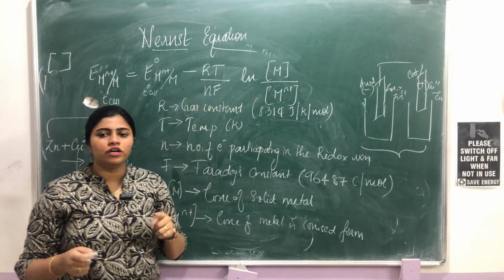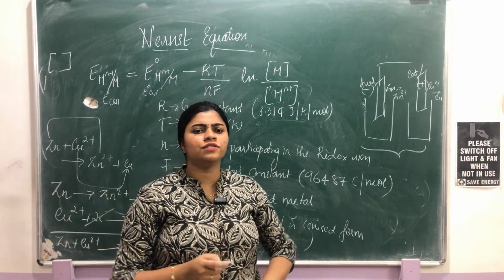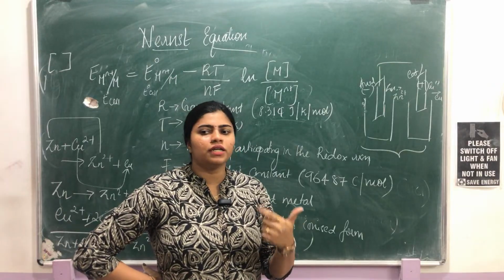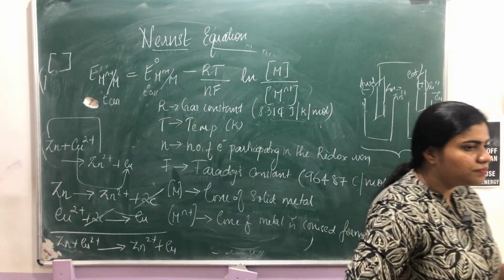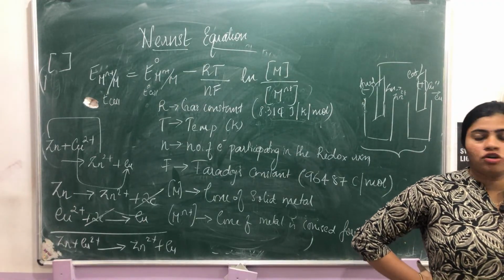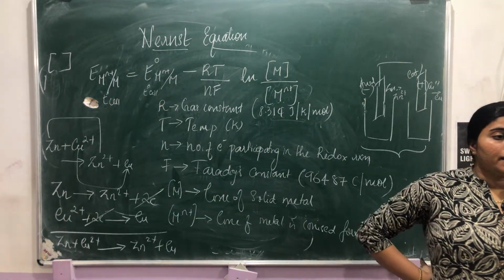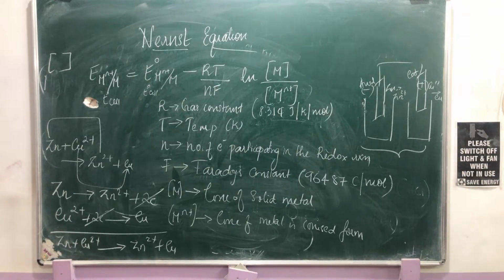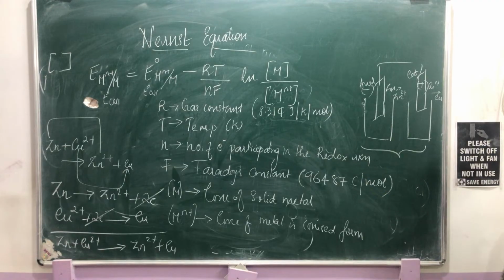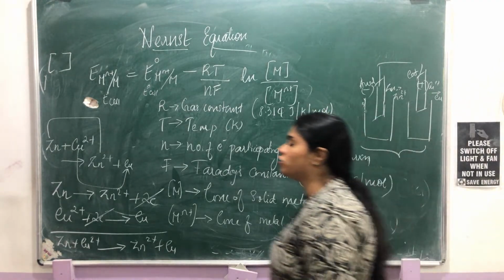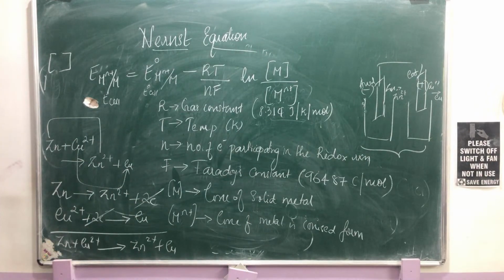What does R stand for? R stands for the gas constant. T stands for temperature. N stands for the number of electrons. F is Faraday's constant. The square bracket [M] stands for the concentration of solid. Mn+ is the ionized form. This much is understood.